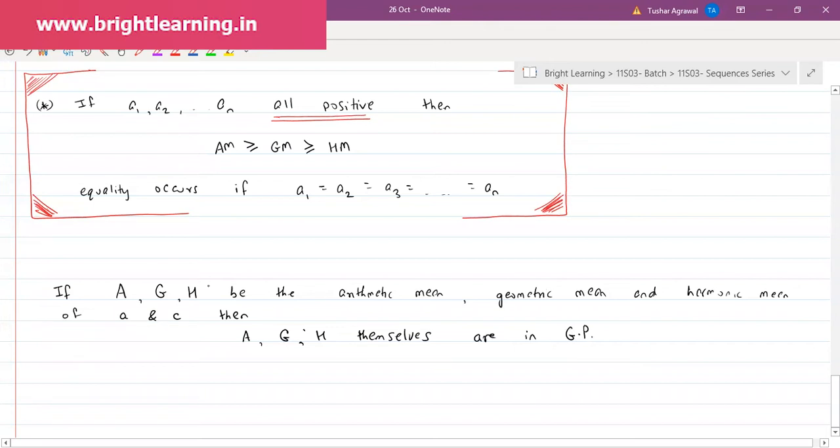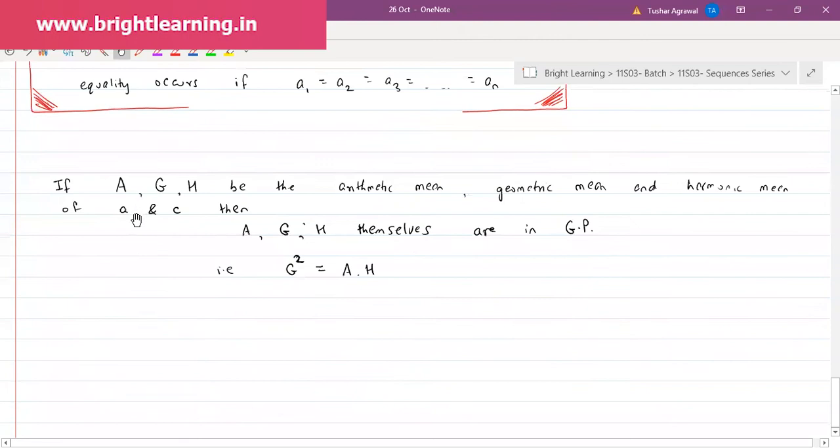That is, G square is equal to A multiplied by H. This is another result.